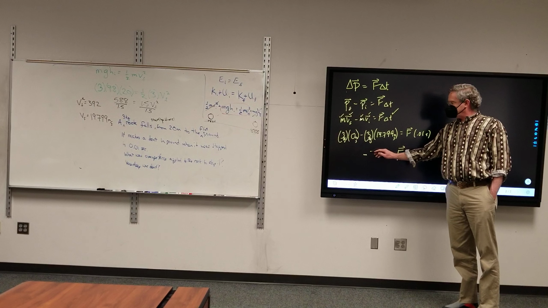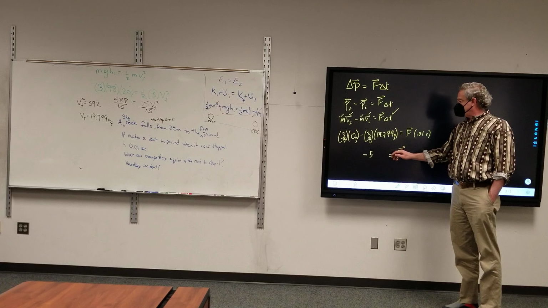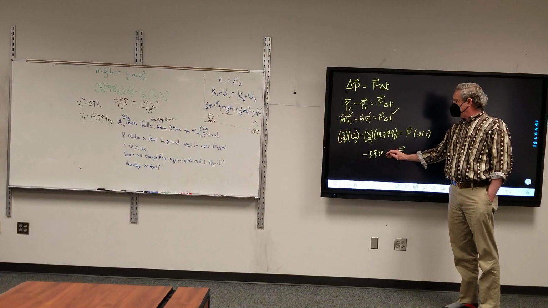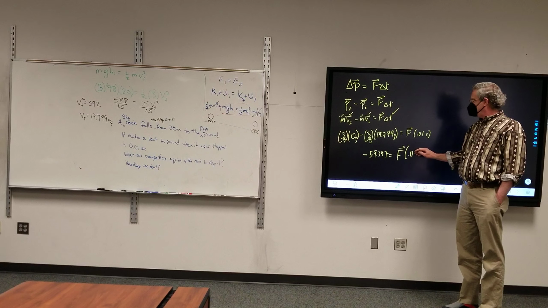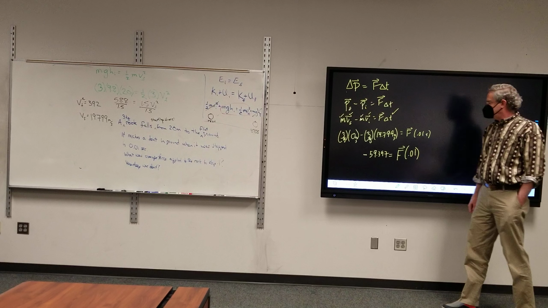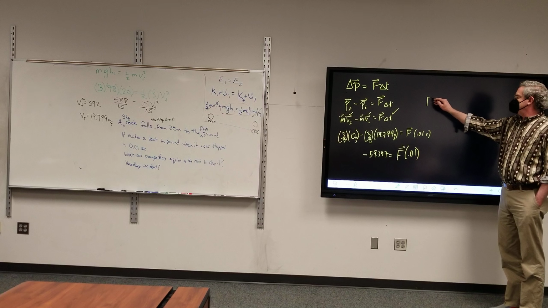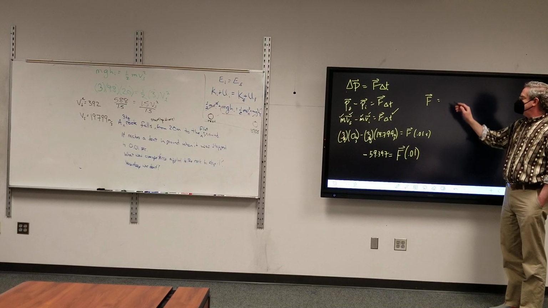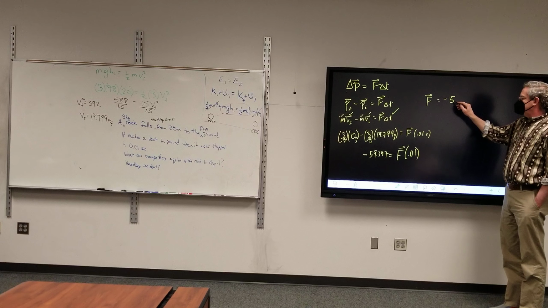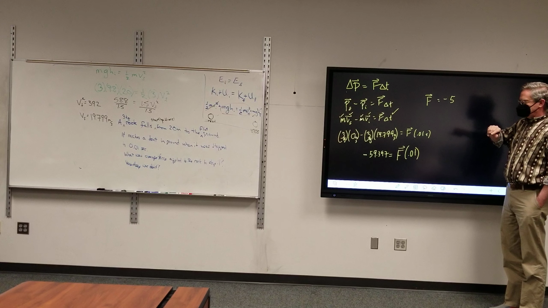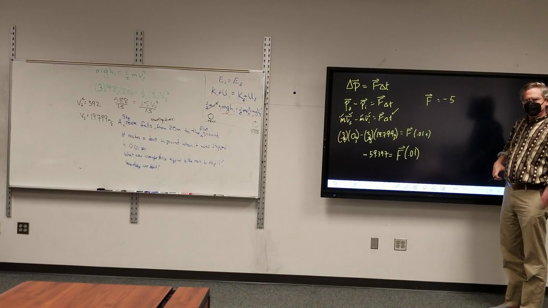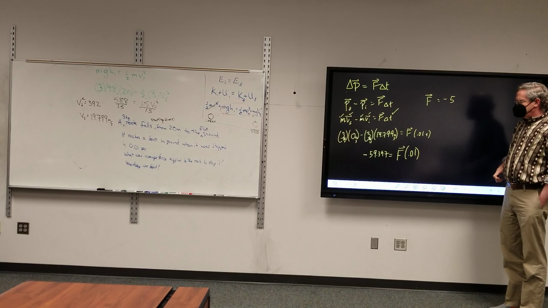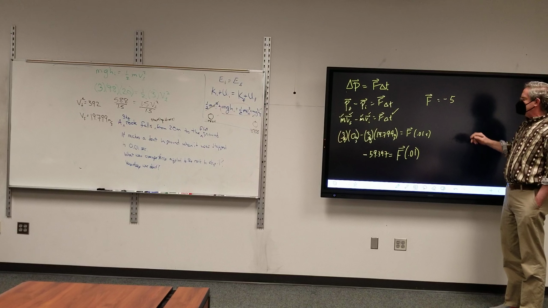Said negative 59.397? Oh, just that side. Yeah. Negative 593.97. You said 593? Negative 593.97. I think you're off by a decimal point. Yeah, I think it did 0.1. Okay.